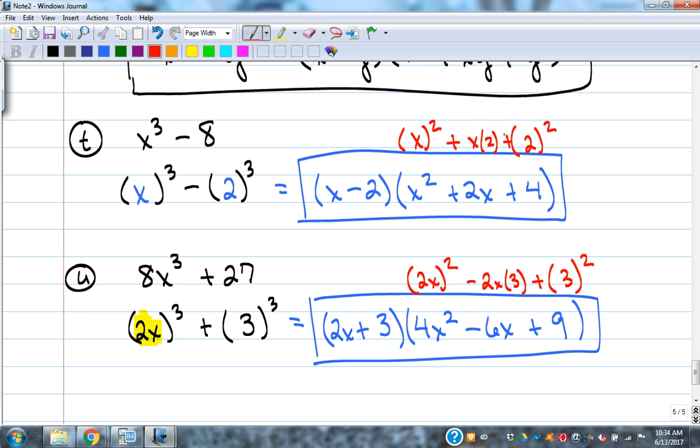And that plus sign right there is the opposite of this sign that's in the middle. Okay? So the middle piece, you're always multiplying front times back and doing the opposite sign. The long piece, you always square on the ends. Always square whatever's here. That pattern is going to be there every time.